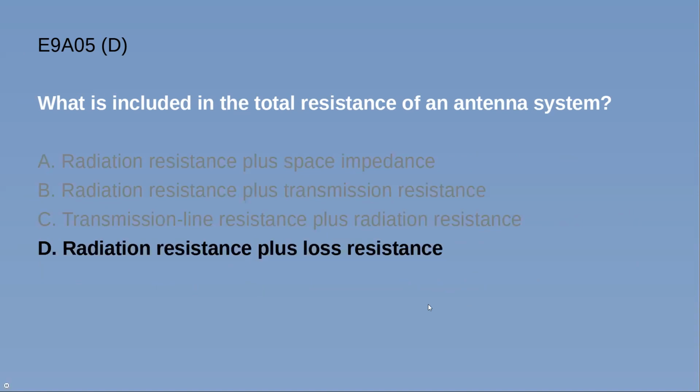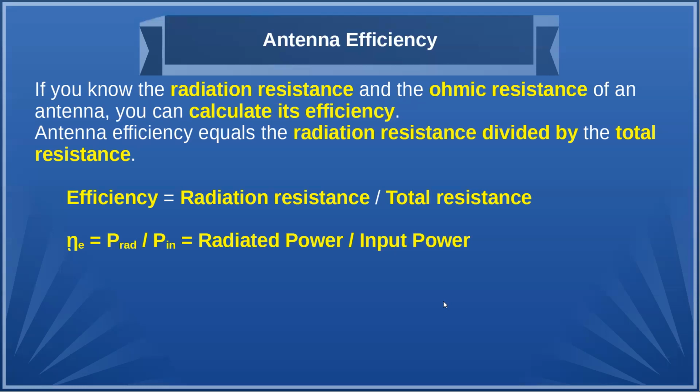All right. This is my congressman that said suspected scammer. Okay. So to calculate efficiency, you divide the radiation resistance by the total resistance. It's also been defined as the radiated power divided by the input power.